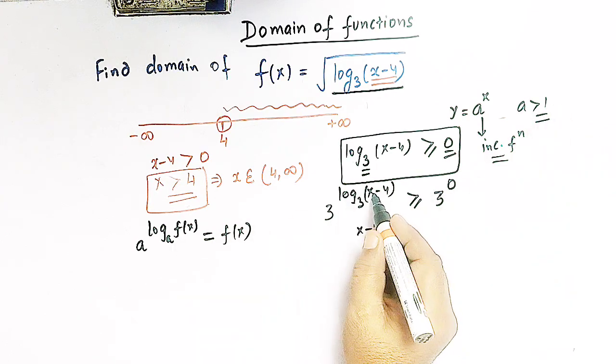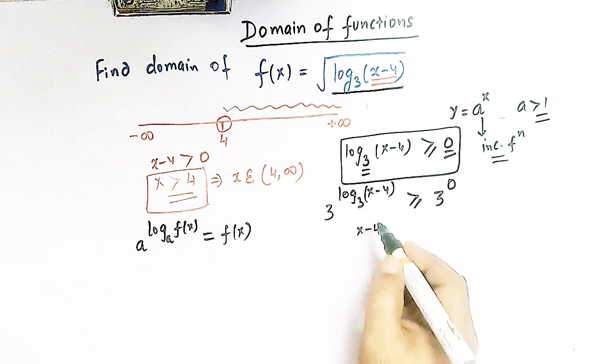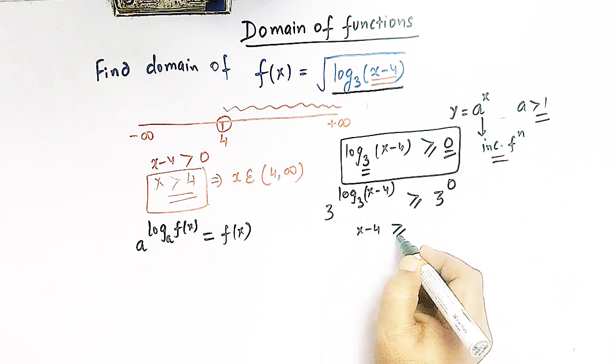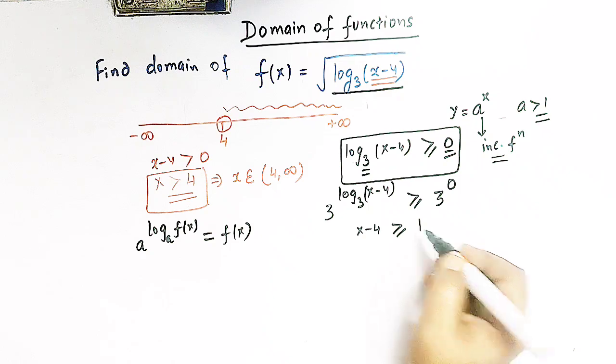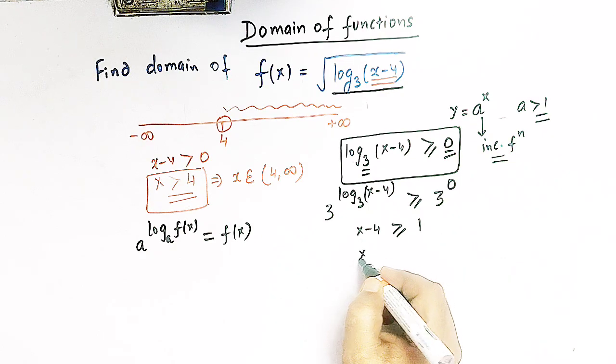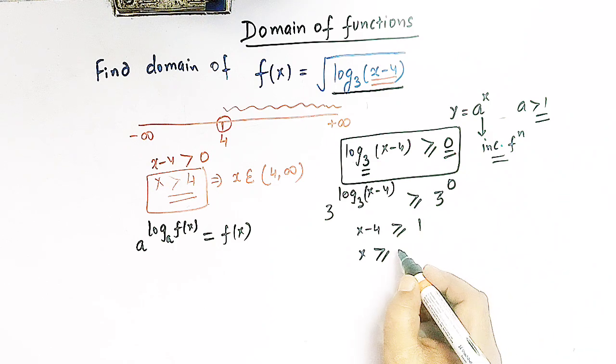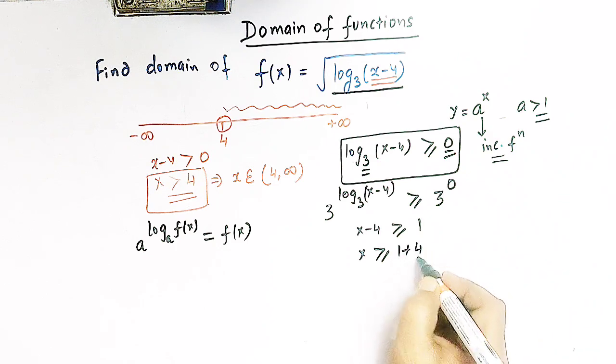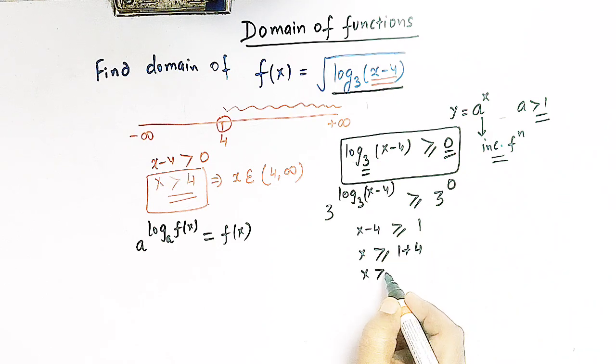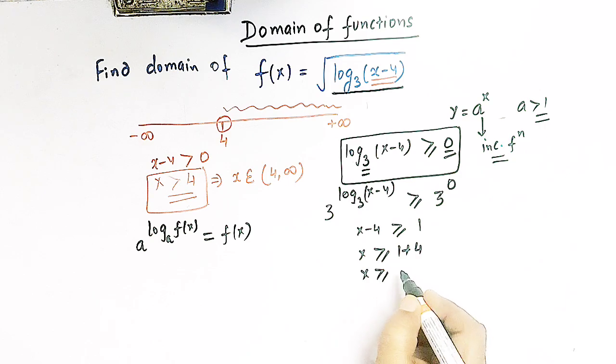So 3 raised to log of x minus 4 to the base 3 is x minus 4, and 3 raised to 0 is 1. Now we have a simple inequality, so we can take minus 4 to the right hand side, so we have 1 plus 4. So x should be greater than or equal to 5.